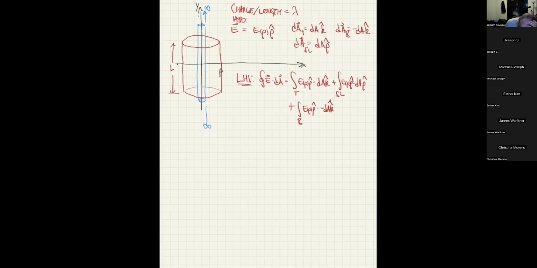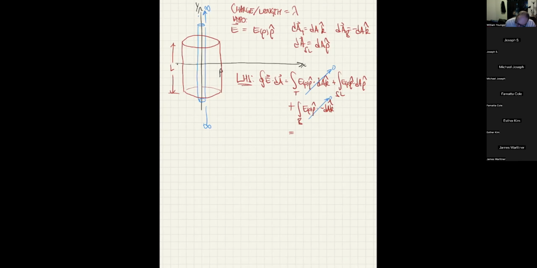Can anybody tell me if any of these terms are zero? Do you see this rho hat dot k hat is going to force it to be zero? And this one too.